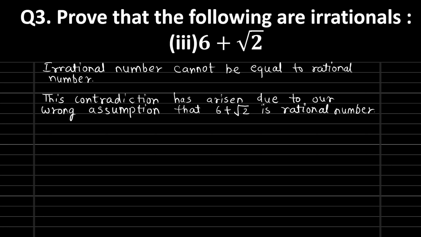So if this assumption is wrong, that 6 plus root 2 is a rational number, what is the other way around? Definitely 6 plus root 2 is an irrational number.